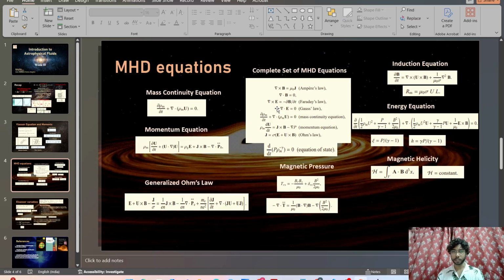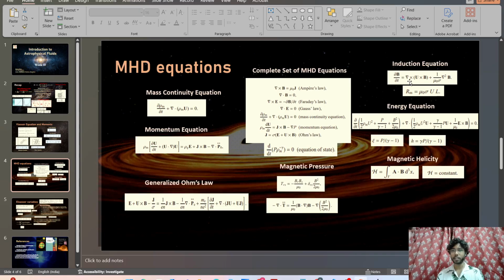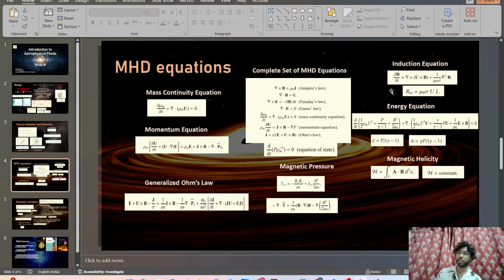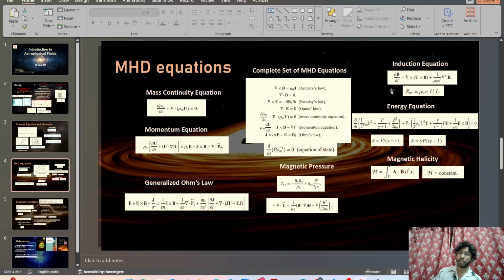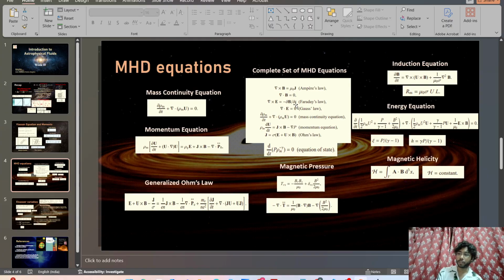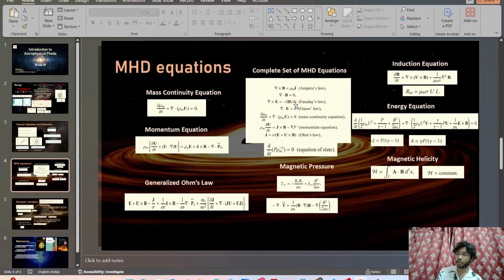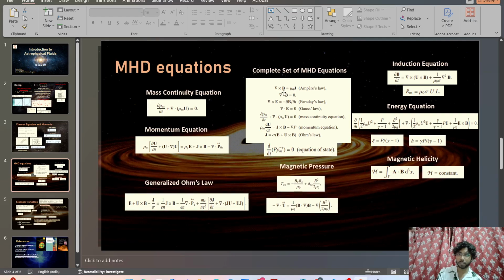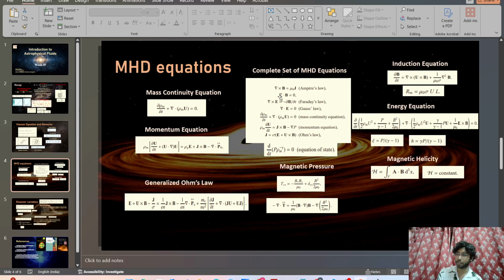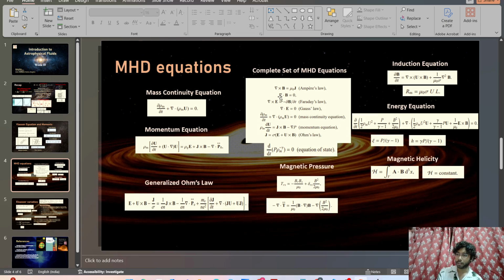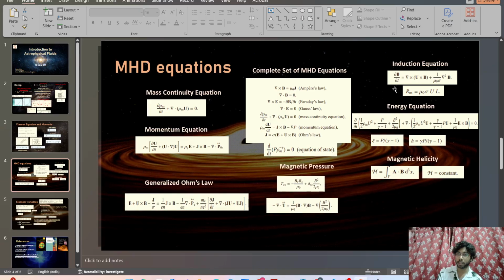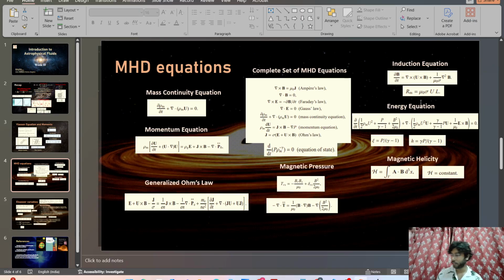The induction equation talks about how the magnetic field evolves with time in the system, and it comes from Faraday's law as well as by taking care of the no monopole constraint. So we'll see how this induction equation comes about and what the consequences of this are.